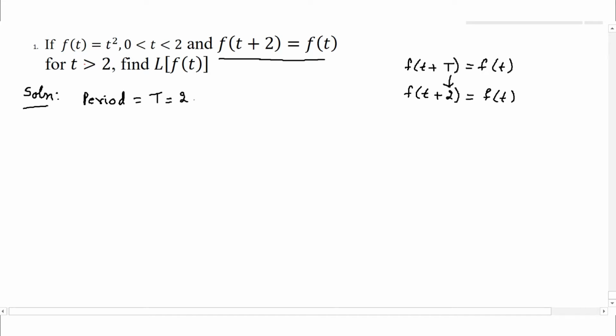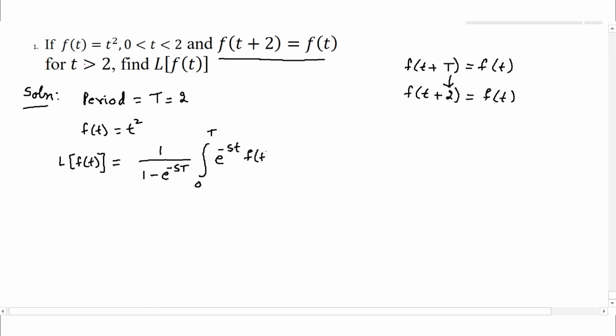So the value of f of t given here is t square. Because this function f of t is a periodic function of period T, we can use the formula. The formula we have is L of f of t is equal to 1 by 1 minus e power of minus sT, integral from 0 to T of e power of minus st f of t into dt.